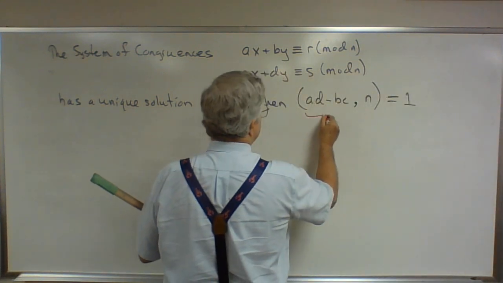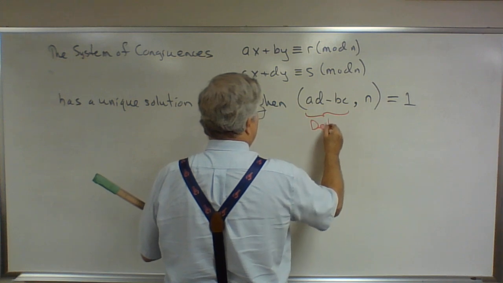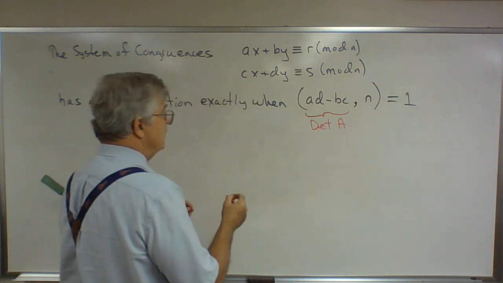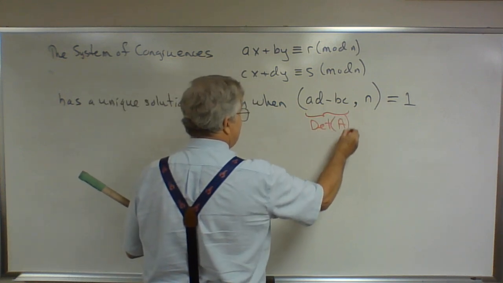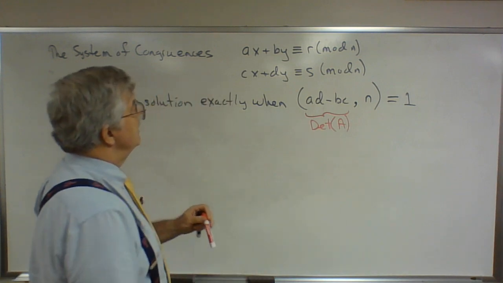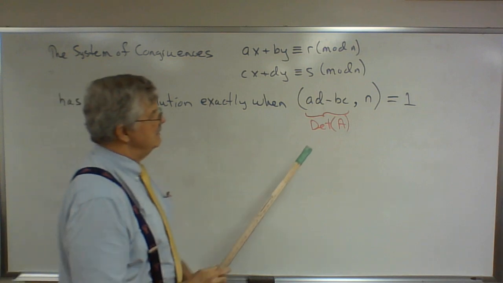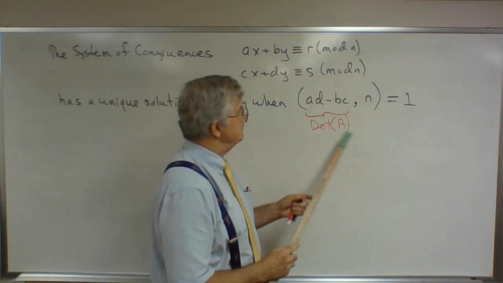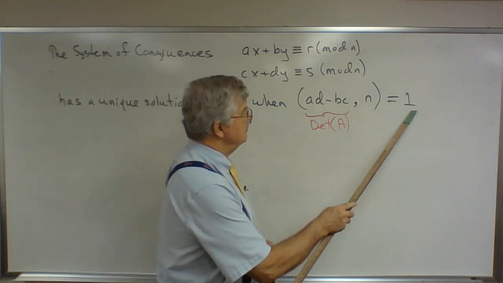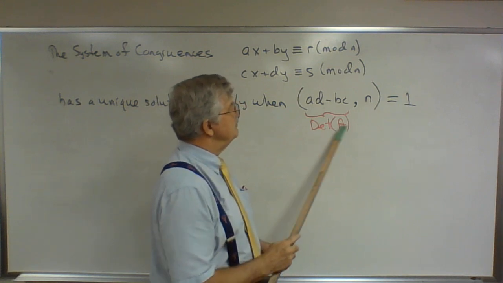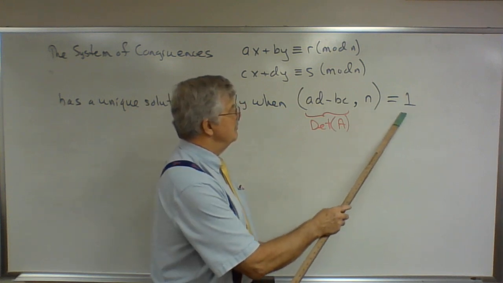This is the determinant of our coefficient matrix. This system has a unique solution exactly when the greatest common divisor of the determinant of A and n is equal to 1, or when these 2 things are relatively prime.